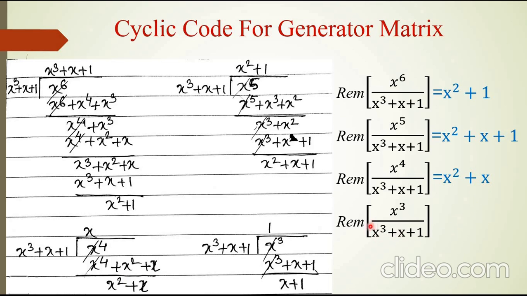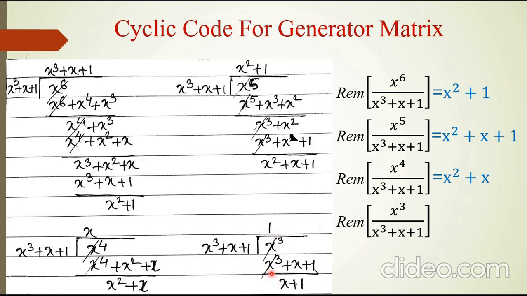In fourth case, which is remainder of x cube divided by x cube plus x plus 1. So to have x cube, we just need to multiply with 1.